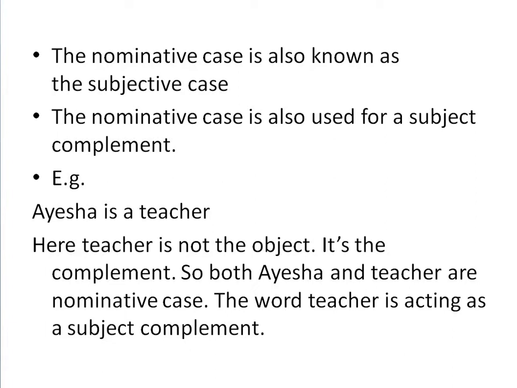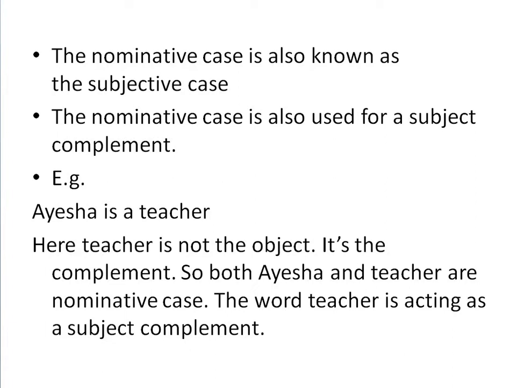The nominative case is also used for a subject complement. We have studied before in some lecture that sometimes there is an object in the sentence and sometimes there is a complement in the sentence, and it is very important to make the difference whether it is the object of the verb or the complement.